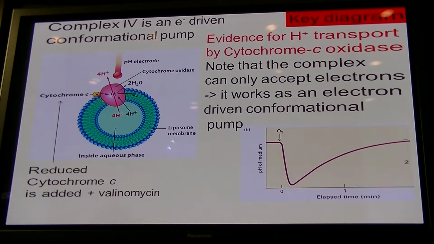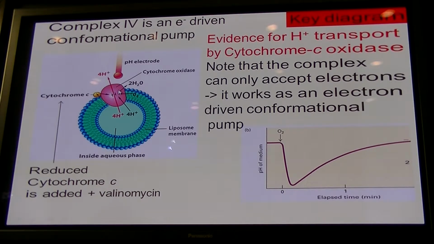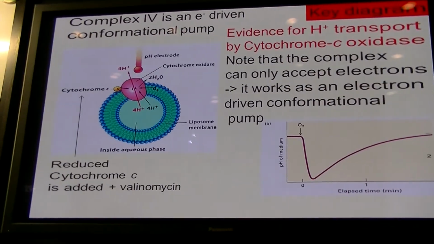Complex 4 is also known as cytochrome C oxidase, and it functions as a pump. It must be a conformational pump. Here is the assay, the test. We can make vesicles that have cytochrome C in there. In some biochemistry labs, this is a first year, second year student experiment.